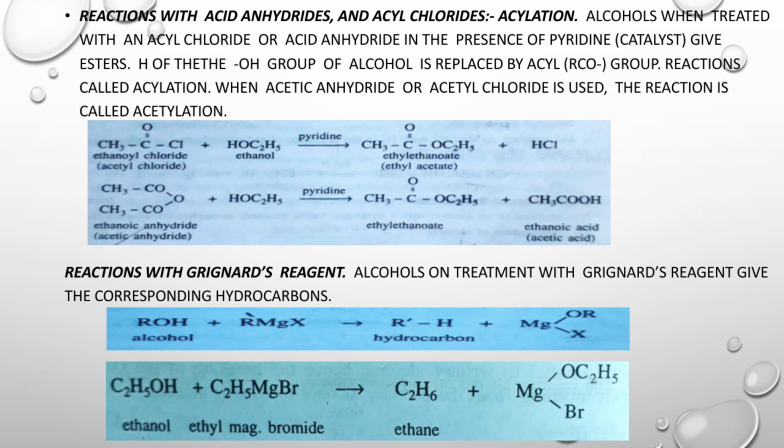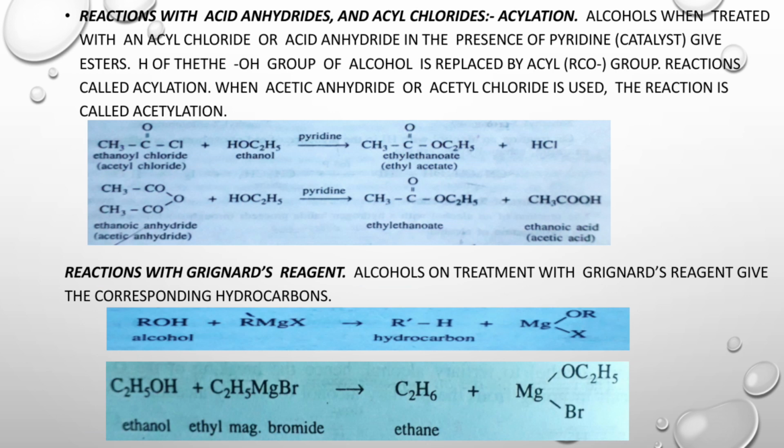And if an acyl group, that is RCO group, is attached by replacing the hydrogen atom, that is acylation reaction. The top one of the given example reactions is acylation reaction, and the bottom one is acetylation reaction.